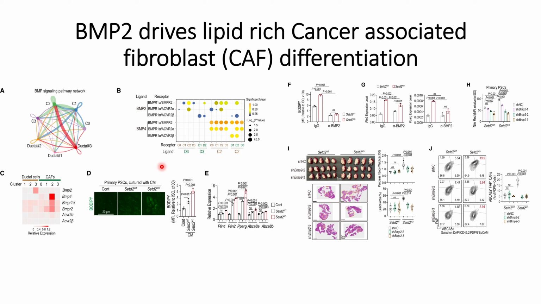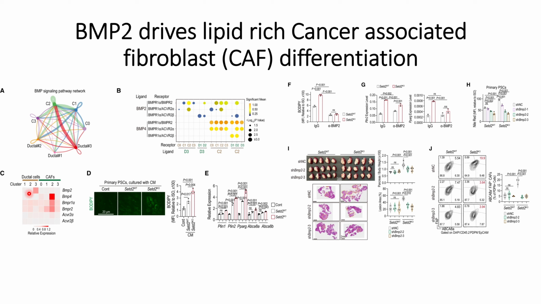And from this heat map, they are able to identify that ductal 3 cells are predominantly high in this BMP2. So what could be happening is that the BMP2 released by the ductal 3 is causing paracrine interactions with the cancer-associated fibroblast, and that in turn results in the high lipid-rich epigenetic changes in this cluster 2 cancer-associated fibroblast.